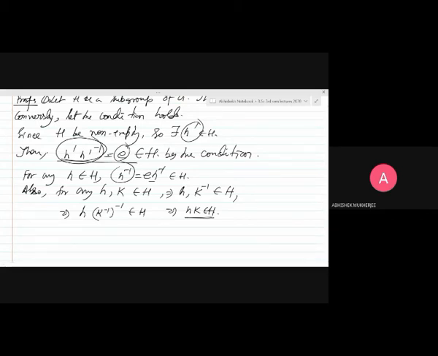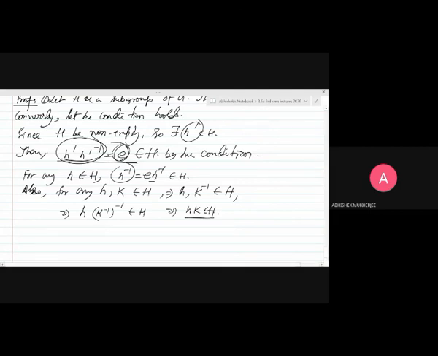So the condition is needed for this one first of all, and then you apply this case and the condition to the other cases.